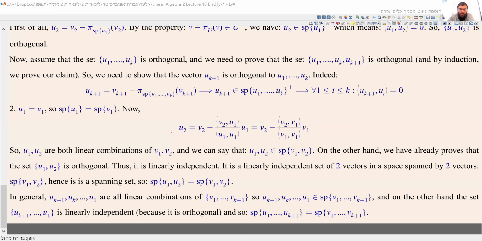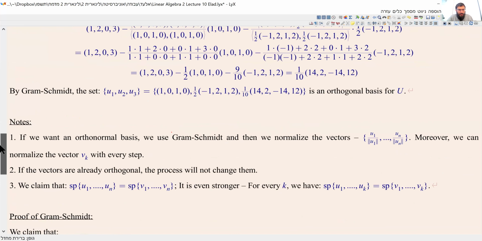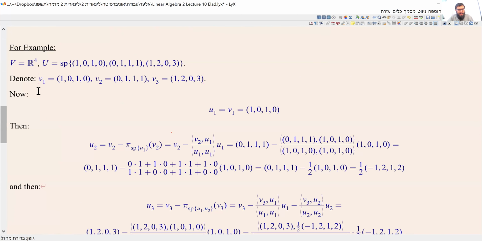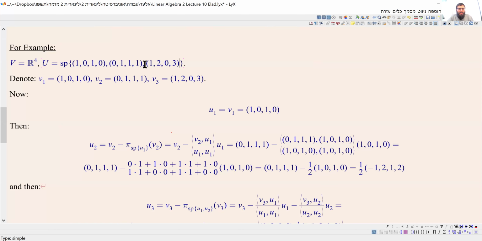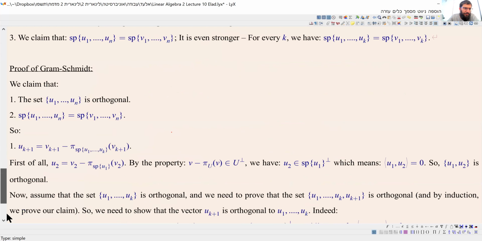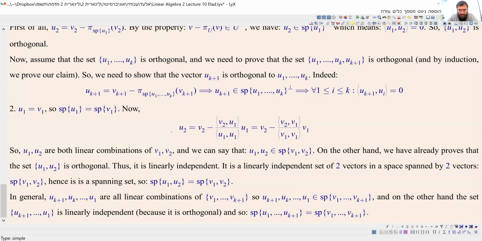And moreover, one can mathematically start with a different basis of U. In our example, for example, we can add these two vectors up and get 1, 3, 1, 4, and use it as a vector of a basis instead of 1, 0, 1, 1, 1, for example. Then you use a different basis to begin with, you will finish with a different orthogonal basis. That's for sure.